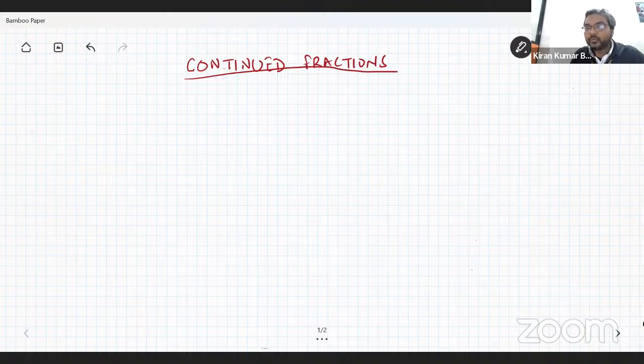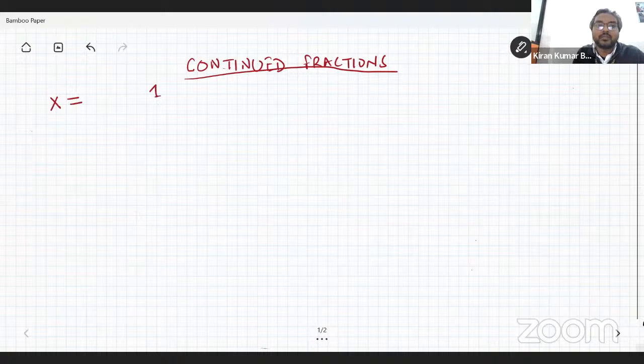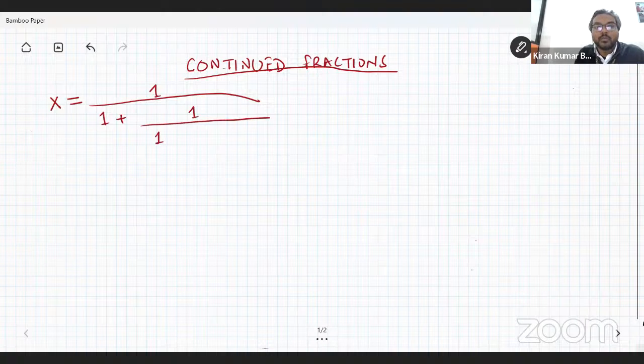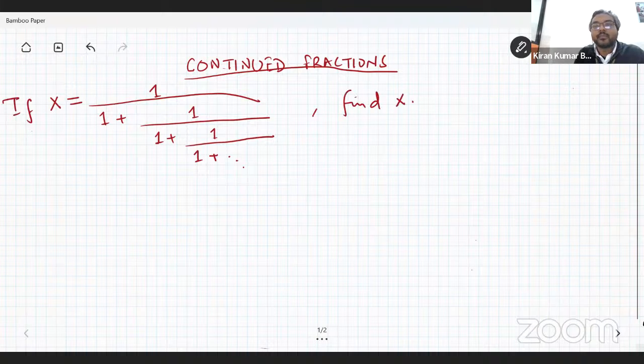We are already exposed to continued fractions in our school days. It was the question: if x equals 1 by 1 plus 1 by 1 plus 1 by 1 plus and so on, find x. This was a question many of us would have solved in the school days.